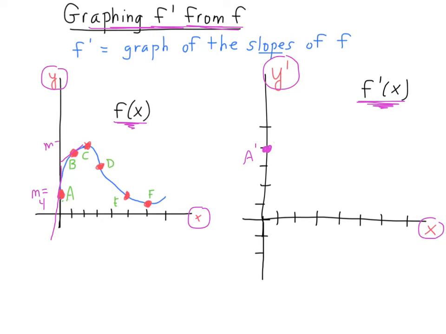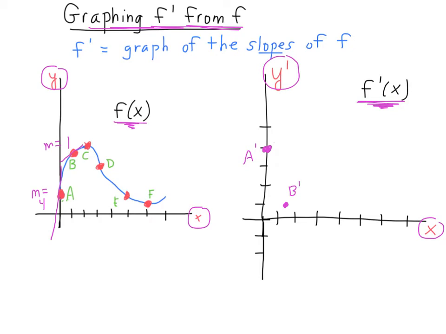It's beginning to level out a little bit. Let's suppose that slope is positive 1, and let's say that our point B is somewhere between 1 and 2. So somewhere between 1 and 2 for the x value, the slope appears to be 1. So over here, somewhere between 1 and 2, I'm going to plot a slope of 1, and I'm going to mark this as B prime.